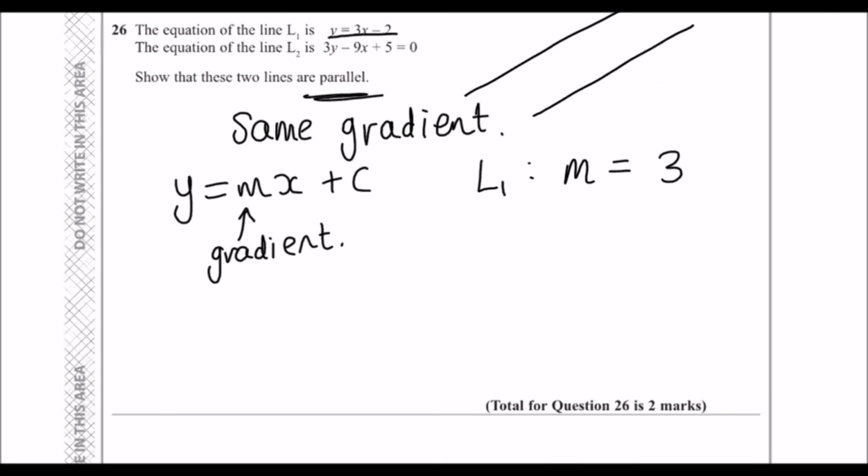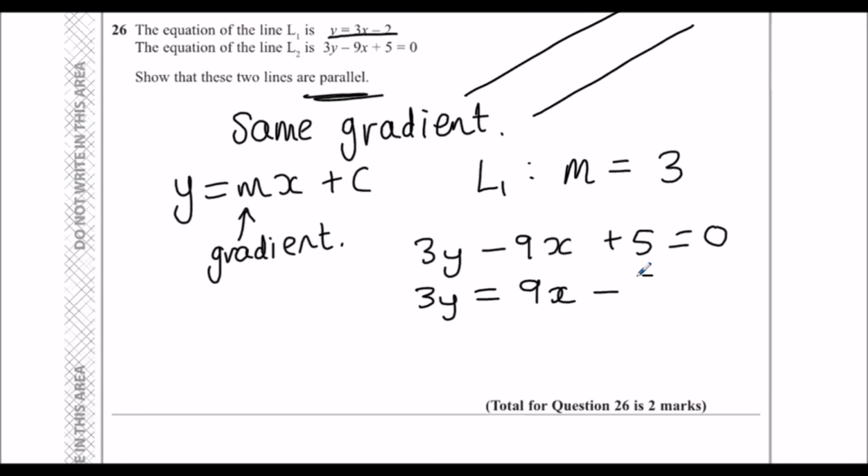L2, however, is not in the right form. So for L2, we need to make it in the form y equals. So if I plus 9x to both sides, on the left side, I've still got 3y plus 5.